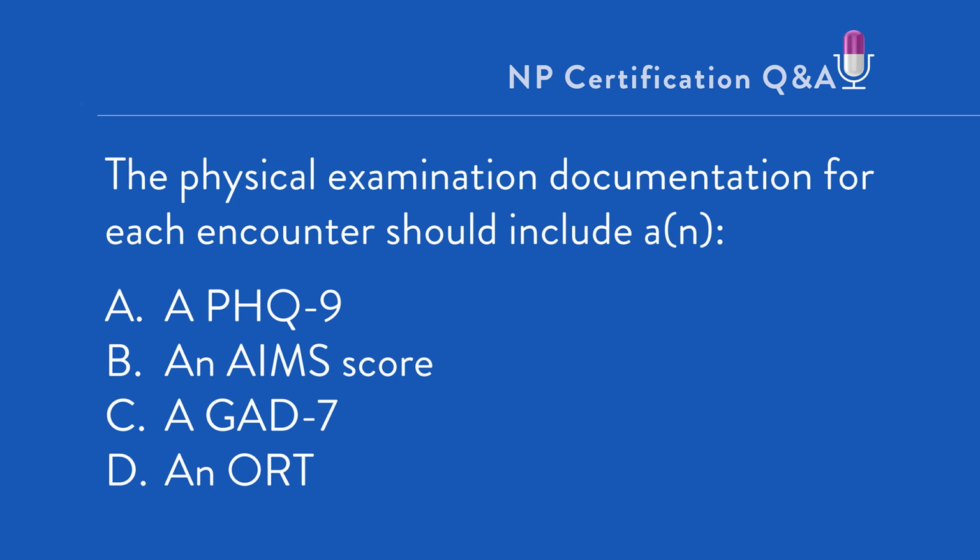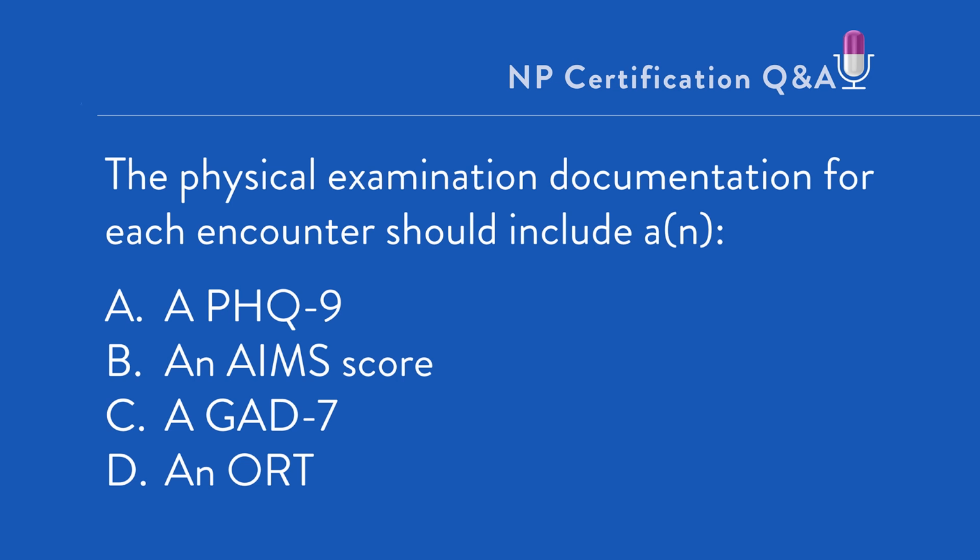It's very specific to the question. The question says the physical exam documentation for each encounter should include. And the answer is that for every physical examination you do for a patient on an antipsychotic, you should document an AIMS score. The PHQ-9, you're probably familiar with.